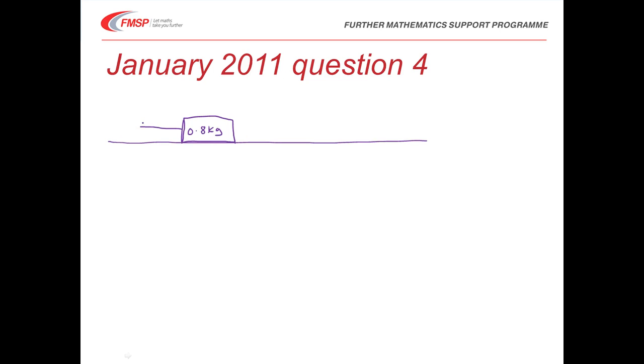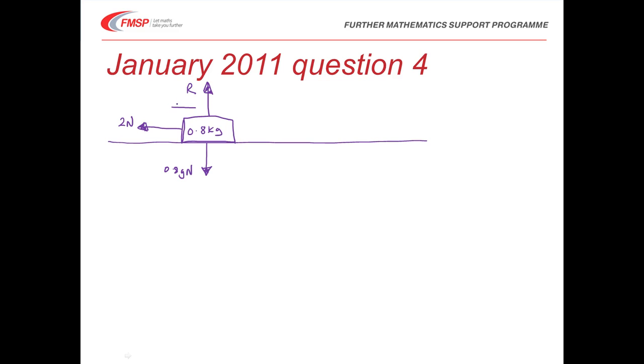There is the force pulling it forwards, which is 2 newtons. Of course, because it's got a mass, it has a weight, and that is 0.8g newtons. And because it's resting on the surface, there's a reaction force. I'll call that one R.